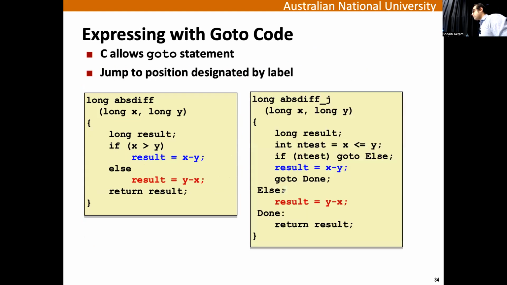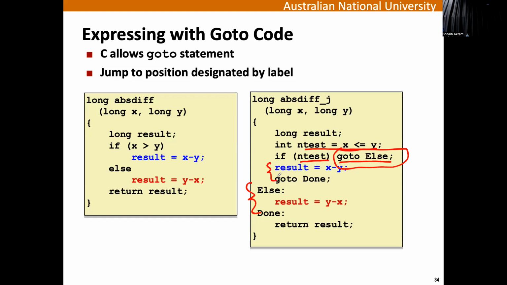Okay. And if we see what the compiler is doing, it's doing the test, and then if the test does not succeed, it goes to else. Here is the else block. Otherwise, it does the if block.